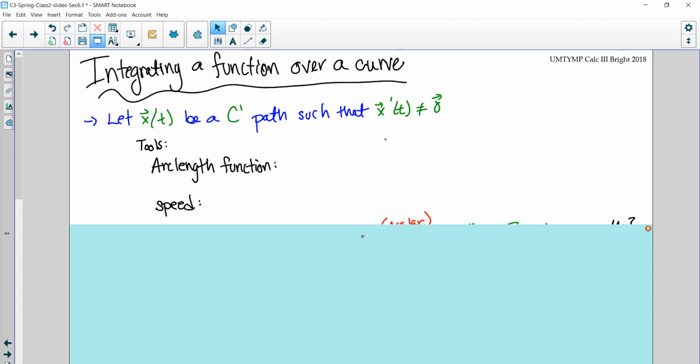Just a couple quick reminders here. When we're talking about a path, we have two tools that we've studied before: the arc length function, and the speed.